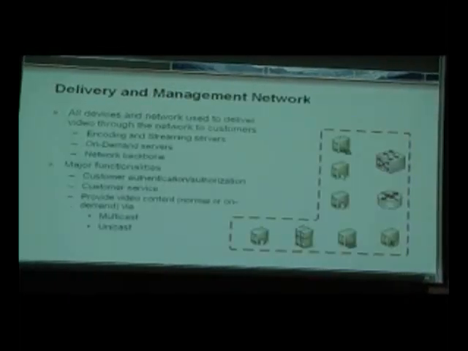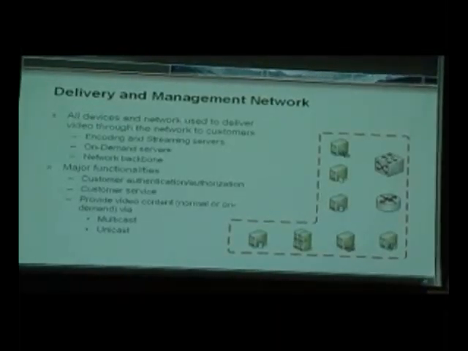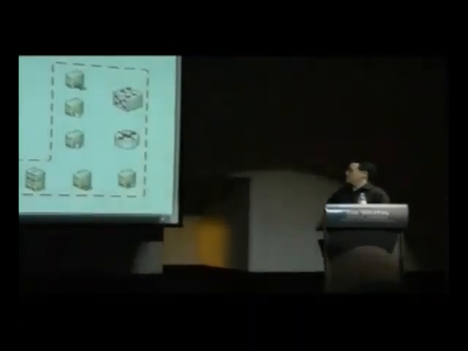And the delivery and management network is all devices and the network used to deliver the video through the network to different customers. Okay, so that includes encoding and streaming servers, which change the content into multicastable data packets, or just perform encoding for that. Video on-demand servers accept user orders and return proper content to the user, performing authorization and authentication.